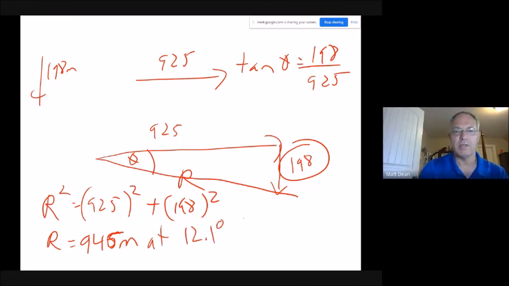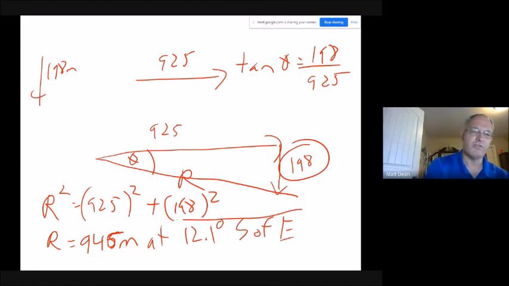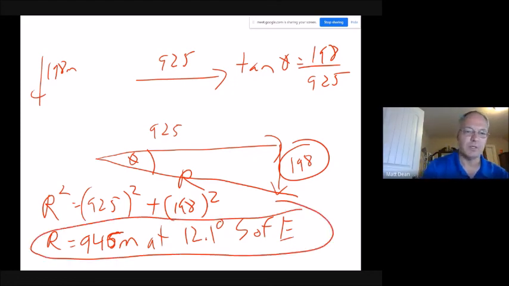And in this case, that would be south of east. So our answer for our resultant displacement: he actually travels 946 meters at 12.1 degrees south of east.